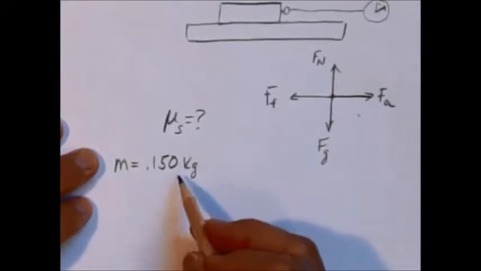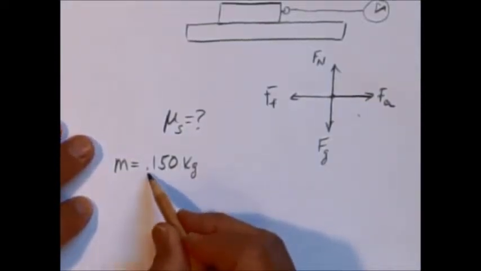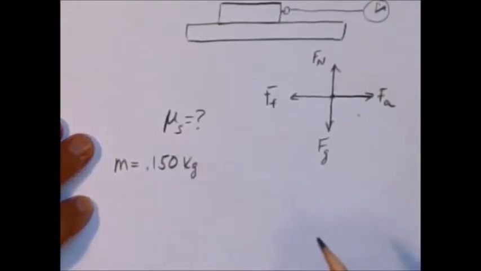So the scale in the lab read 150 grams, but when you write this down as your data, you need to write it as 0.150 kilograms. Is that enough to find out what we need to know?